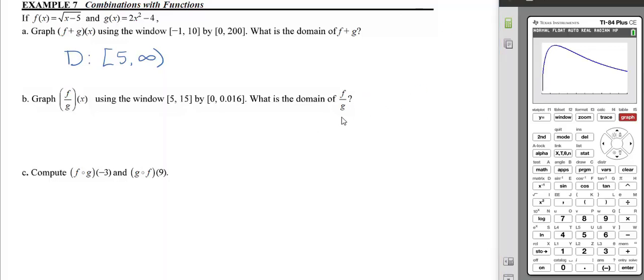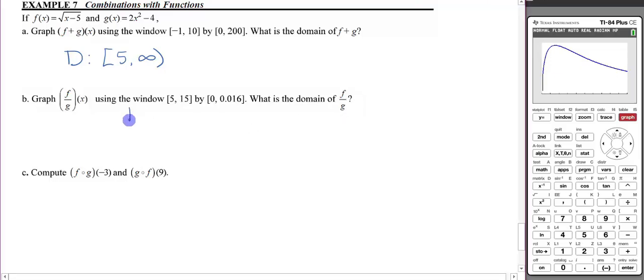With this one, we need to go back to our definition with the domain of f over g. It'll be the domain of f and then excluding anything that would make the g of x function 0. So our domain of f is simply 5 to positive infinity, including the 5.